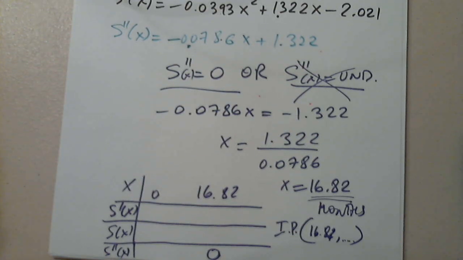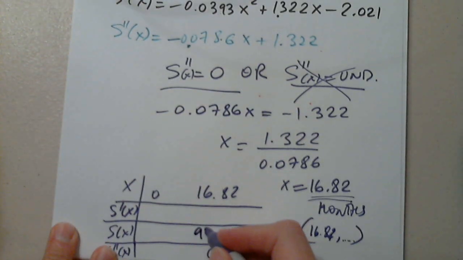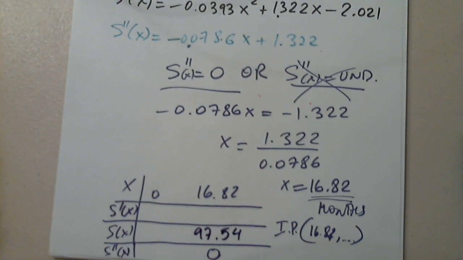And now, second and table, we want 16.82. Okay, go and highlight, and remember this is S in millions. So 97.54 million. Okay.